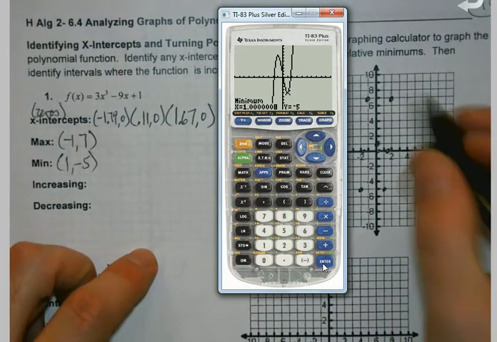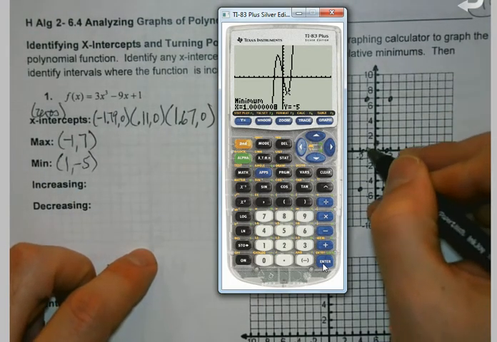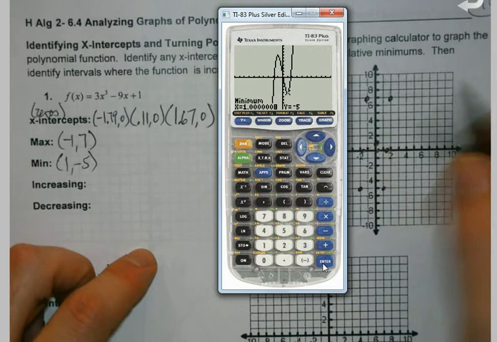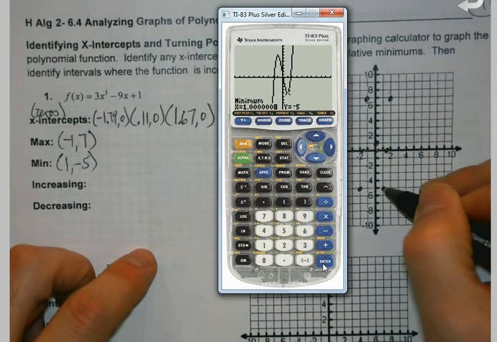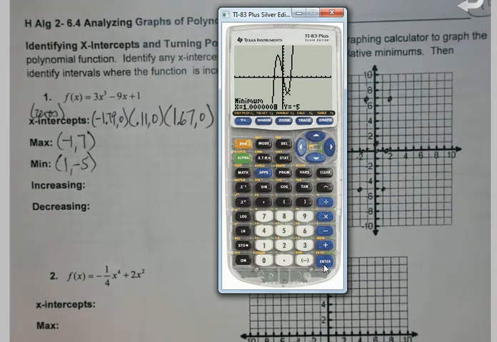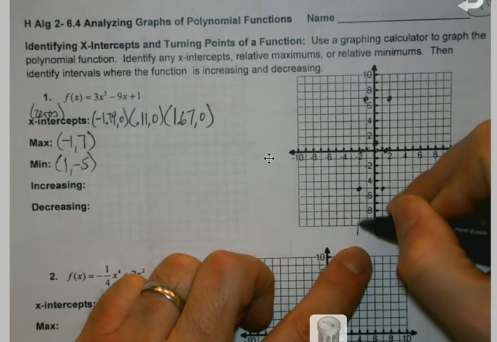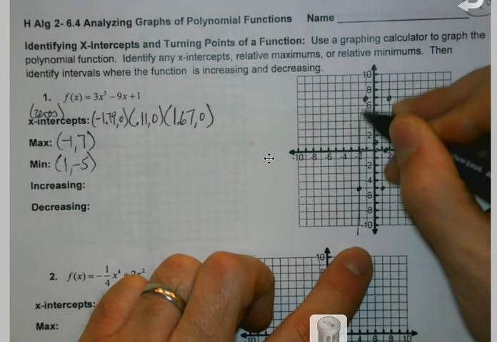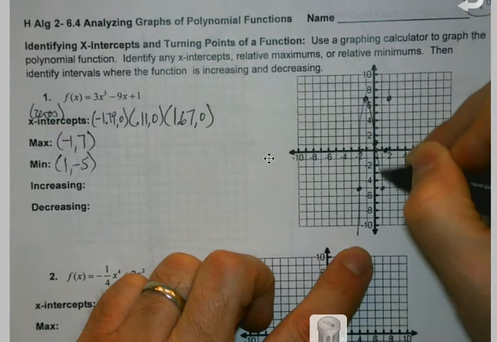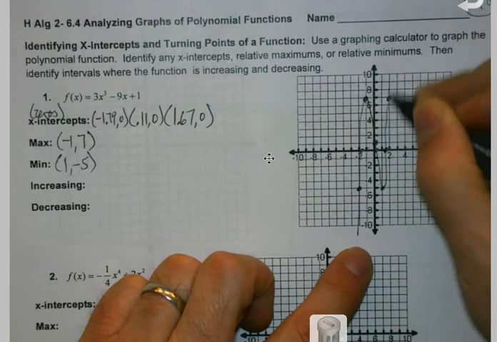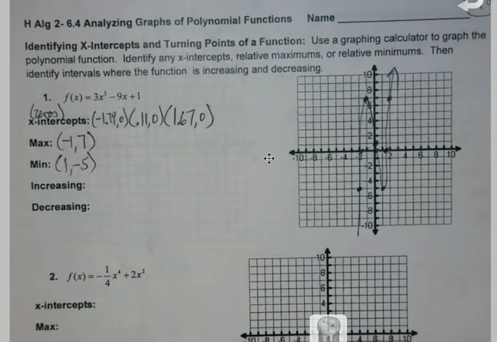So that gives me a couple more points to play with. Negative 1.7 I already had. 1, -5 I already had. Well, all right. So now I'm ready to go ahead and do my sketch of my graph.